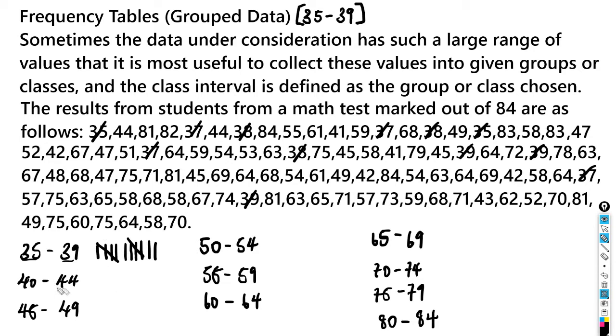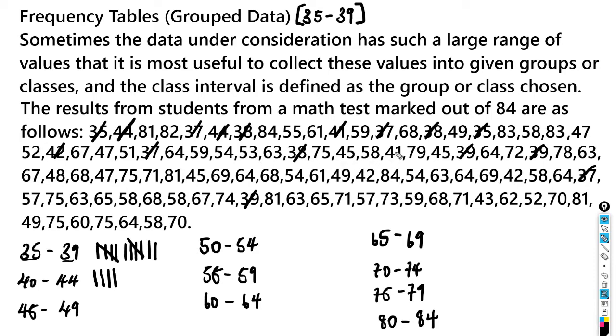Now we're going to move on to 40 to 44. I have a 44 right here, so that's 1. Another 44 here, so that's 2. Another 41 here, so that's 3. Another 42 here, so that's 4.